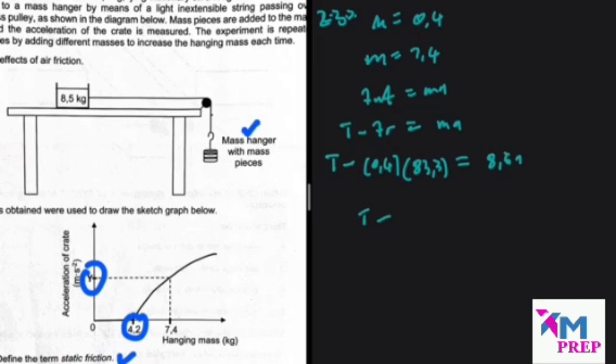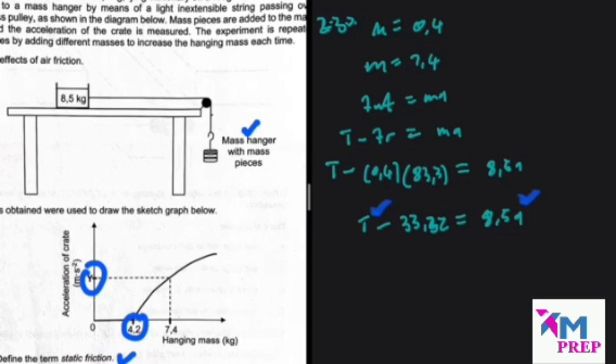So tension minus 0.4 multiplied by 83.3, and this is equal to 33.32, and this is equal to 8.5a. Okay, so it seems like we are stuck here. We have the tension, we have the acceleration, and we have two variables, right? So we need another equation.